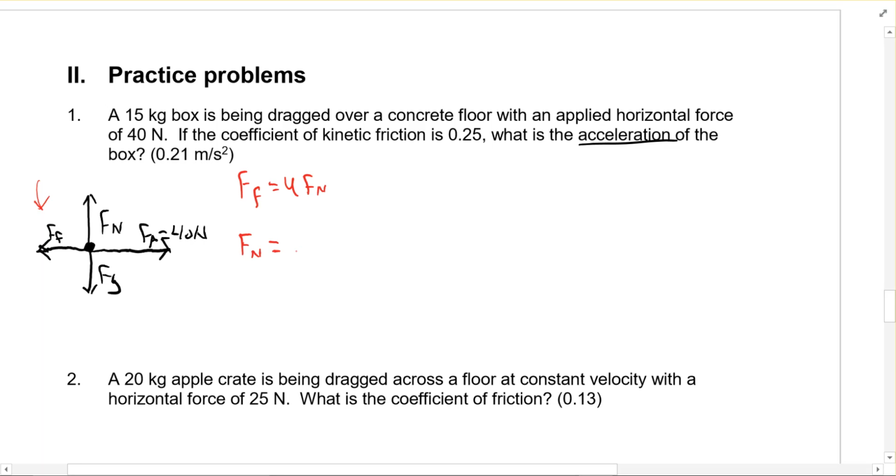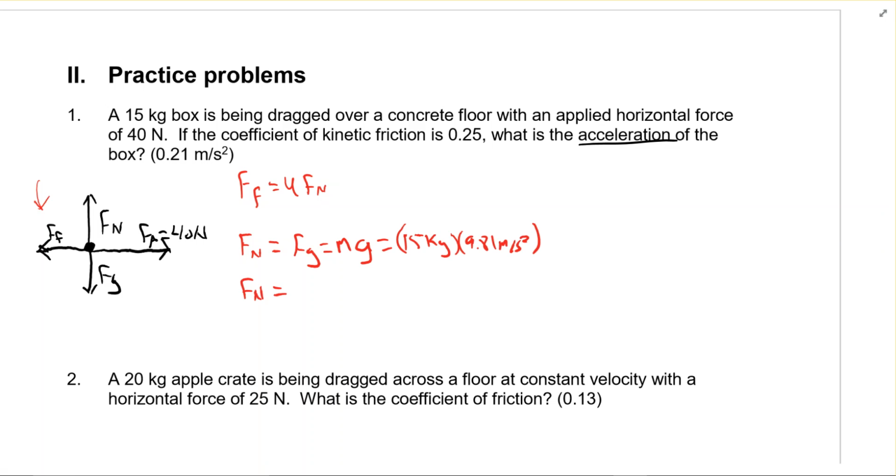Fn is going to be equal to Fg, which is equal to mass times acceleration, in this case that's gravity. So that's going to be 15 kilograms times 9.81 meters per second squared. So Fn is going to be equal to 147.15 newtons.